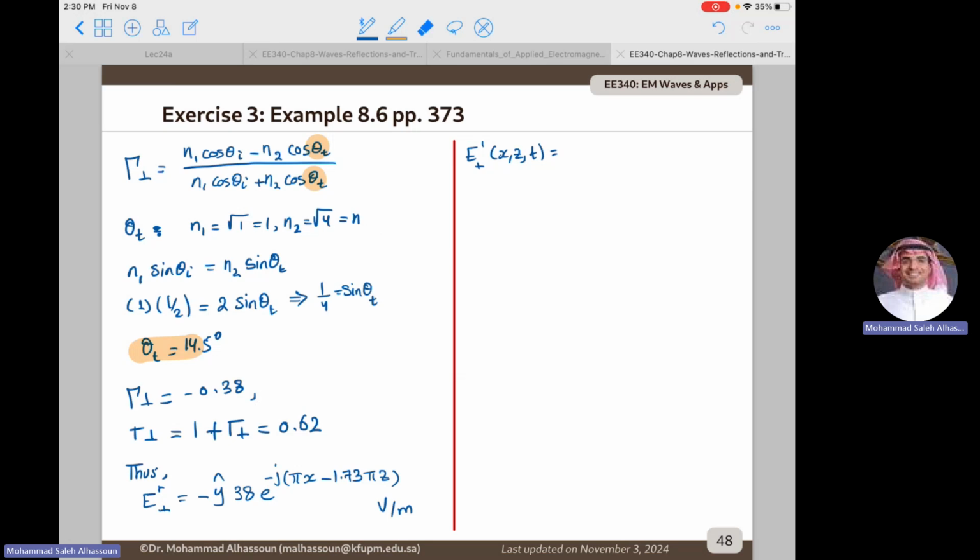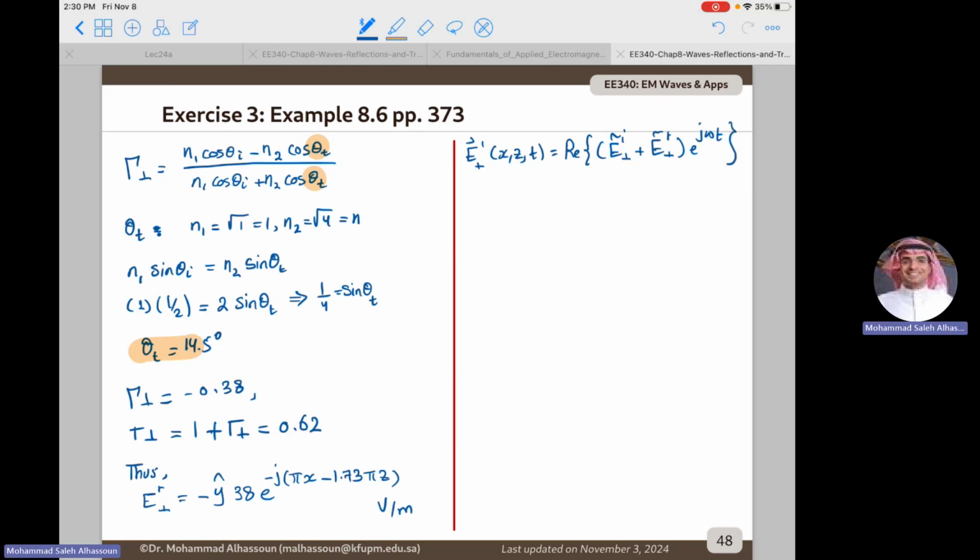We're not considering the phasor form. So it's simply the real part of the incident electric field plus the reflected electric field times e to the power j omega t.